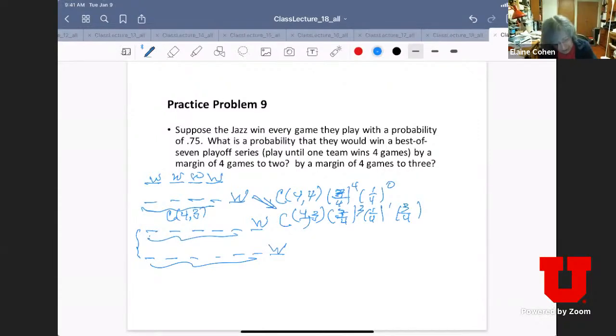So 4 out of 5 then is 4 choose 3 times 3/4 to the 4th times 1/4. Out of 6, they have to win 3 out of 5 here. So that's 5 choose 3, 3/4 cubed times 1/4 squared times the 3/4 that they won the last game by.